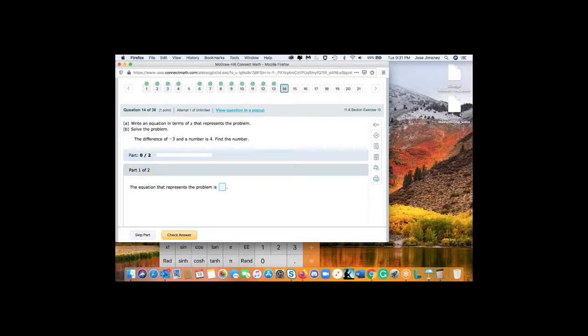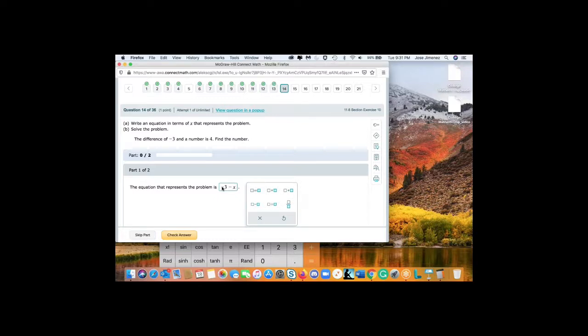This is only translating the English into a more symbolic language, which is the math. So they say the difference means a subtraction, all right? So we say the difference of negative 3, so negative 3, the difference, and a number. But remember, a number is represented by x because we don't know. So x is, and "is" means equal in math.